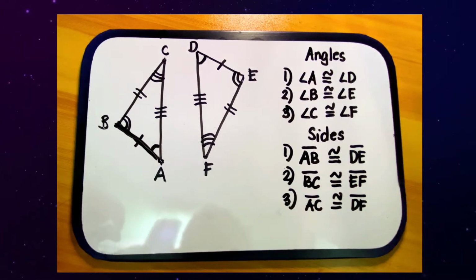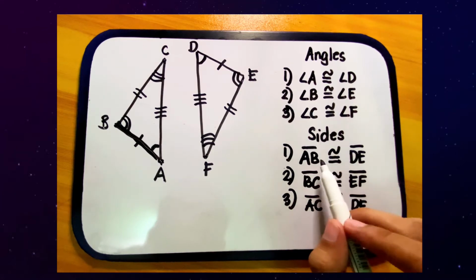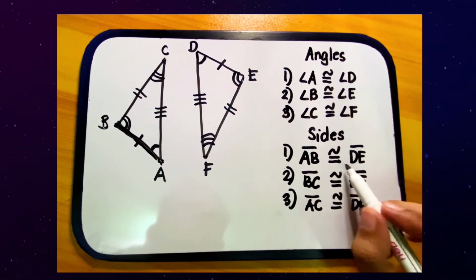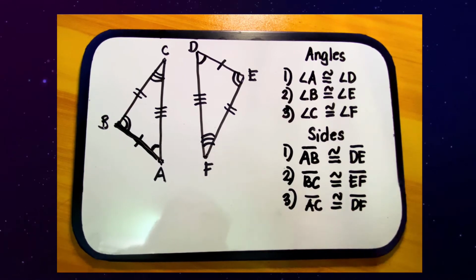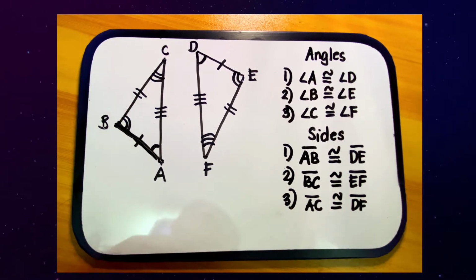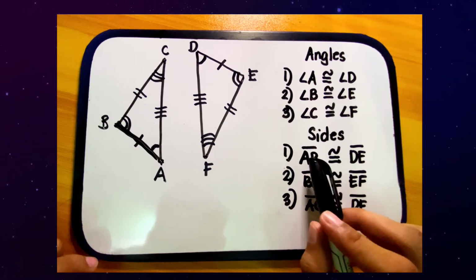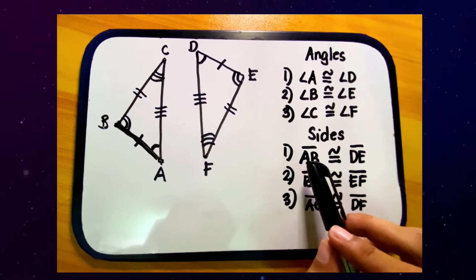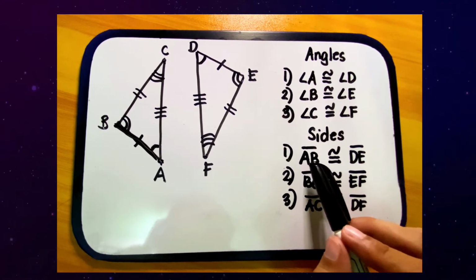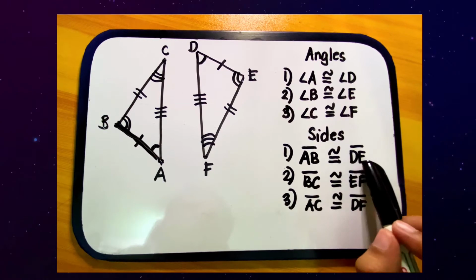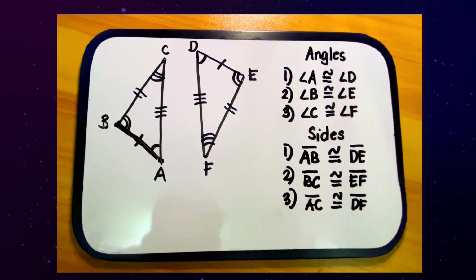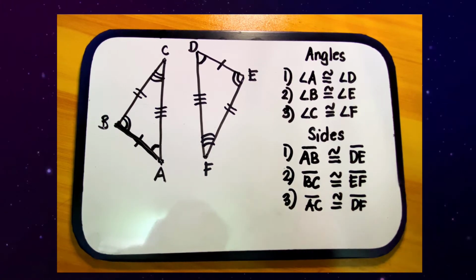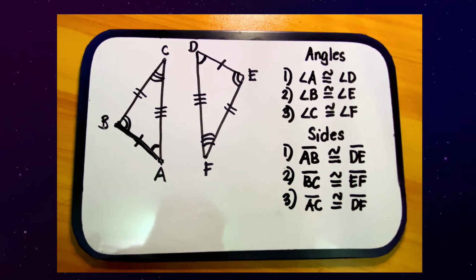If you ask, is it correct if I write BA and ED, sir? Yes, it is correct, but remember that in the alphabet, A is the first, so maybe it should be written following the alphabet. So AB congruent to DE, right? That's just my suggestion, it's up to you, as long as the position of each letter is correct.